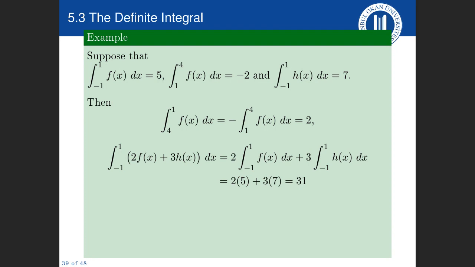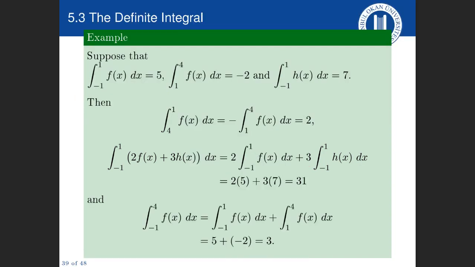We can do the integral from minus 1 to 1 of 2f plus 3h. So what do we know? We know the integral from minus 1 to 1 of f, and we know the integral from minus 1 to 1 of h. We want 2 times the first integral plus 3 times the second integral. 2 times 5 plus 3 times 7.